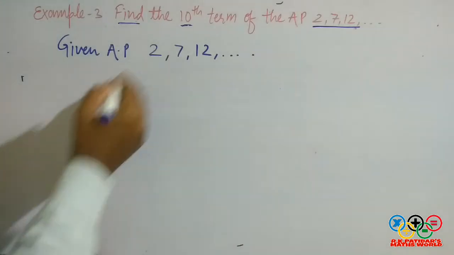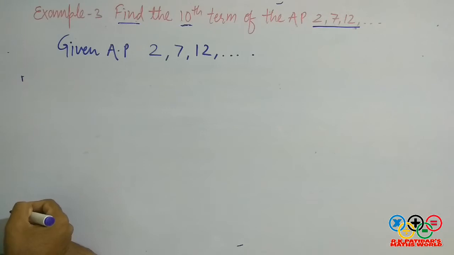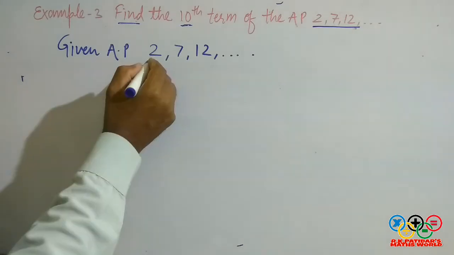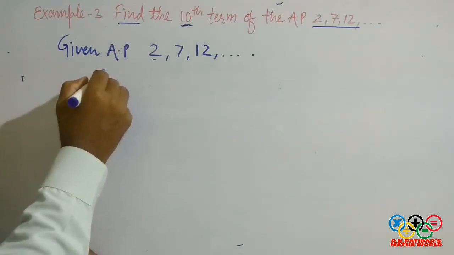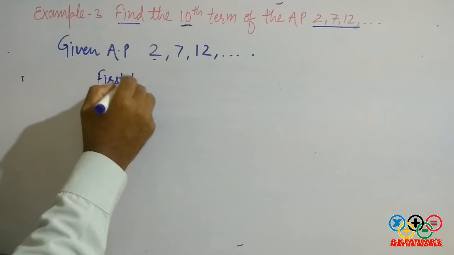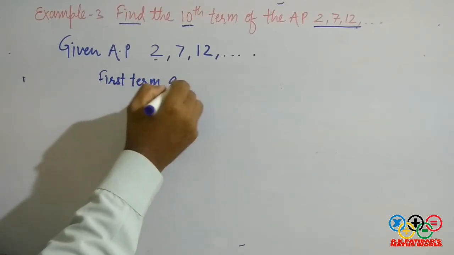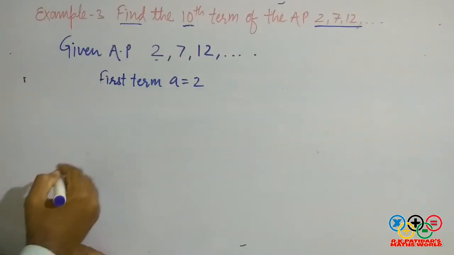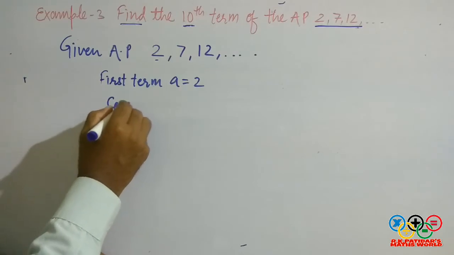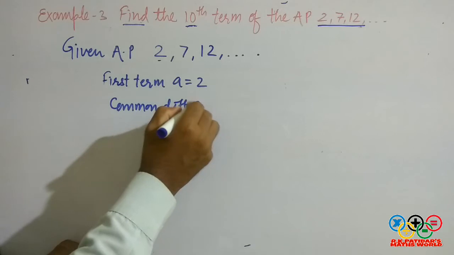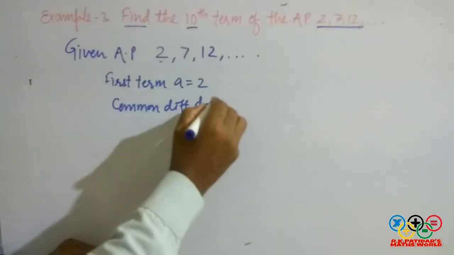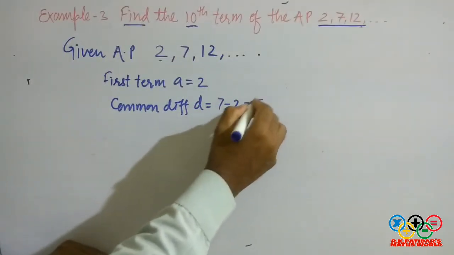Two things we can easily find out from the given AP, that is the first term and the common difference. So the first term a is equal to 2 and the common difference d is equal to 7 minus 2, that is 5.